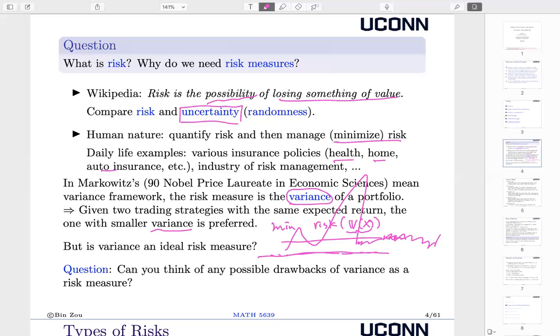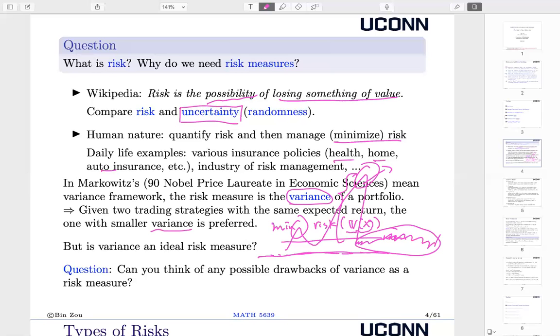Let's say there may be a few scenarios that you get outstanding return, and there are many possibilities you will lose some money. In this case, the variance might be huge because you have a few outliers that give you a large fluctuation from the mean. But to us, those are the good signals, right? They are very uncertain, right? The distance from the mean is huge, but they are in the good direction, right?